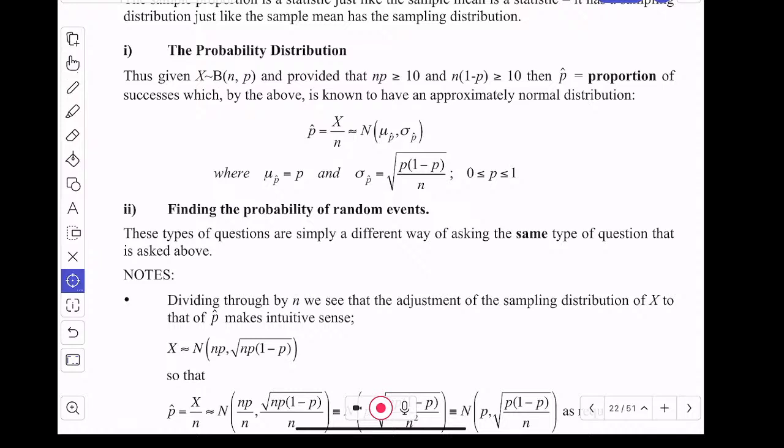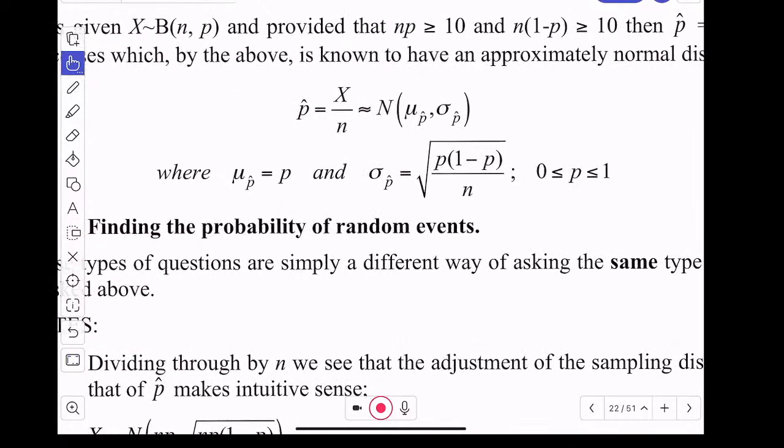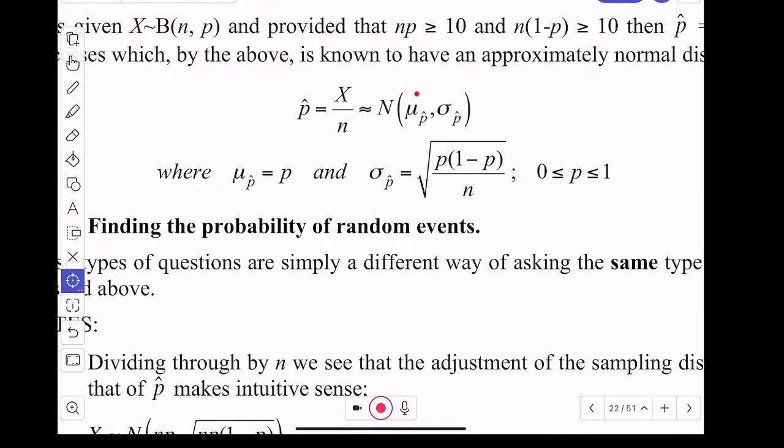If it turns out that n times p is greater than or equal to 10, and n times 1 minus p is greater than or equal to 10, then the sample proportion is also approximately normal. But I'm going to use the notation here that we have to find the mean of p hat and the standard deviation of p hat.